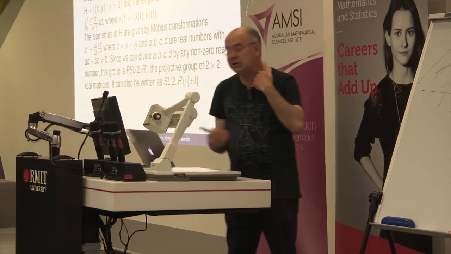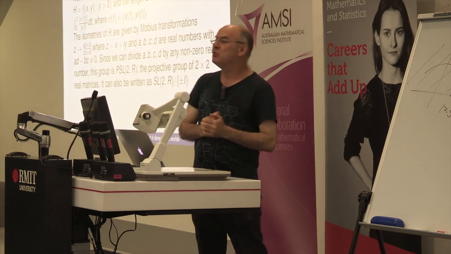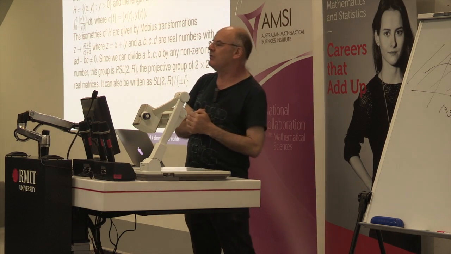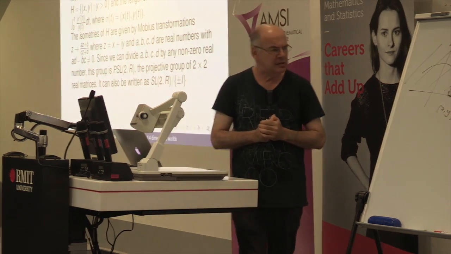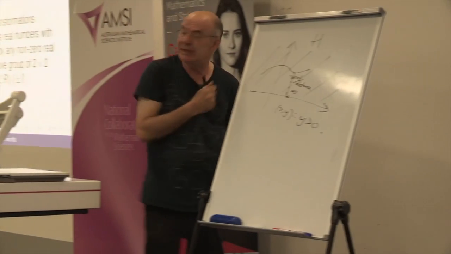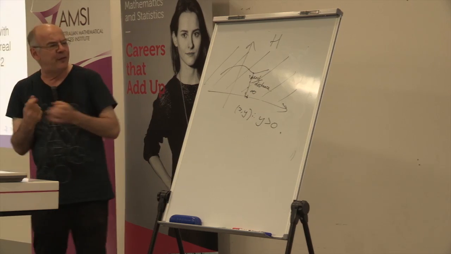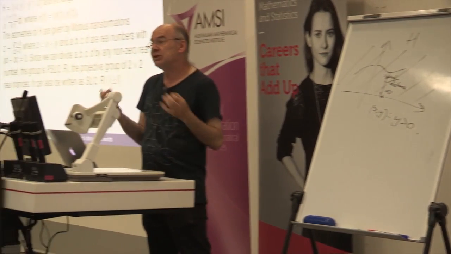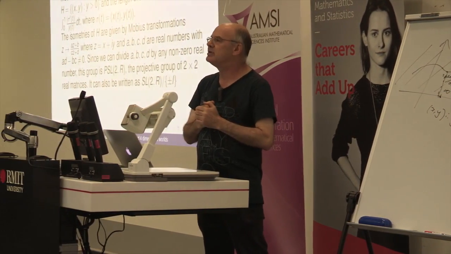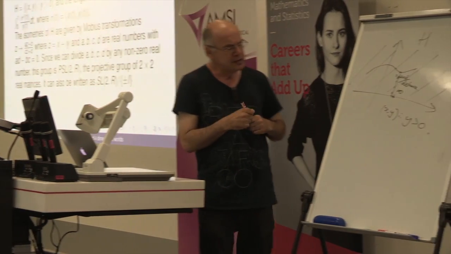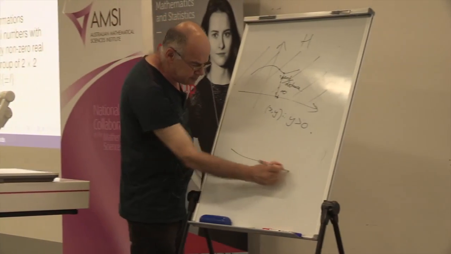So what we're interested in is what are the mappings which preserve all the properties of this metric. We can now work out that distance between points is given by the infimum of the lengths of curves, and there are geodesics, shortest paths joining points. So let me draw a geodesic.